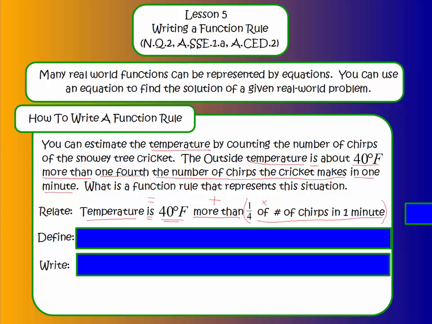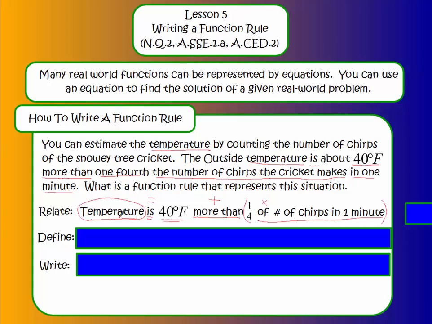Let's now take a look at when we define our variables. So we're going to remember we're going to have two variables now. One of them is going to be our output. It's going to be kind of the y value that we've been talking about, and it's going to be what's on this side of the equation here. So the temperature.